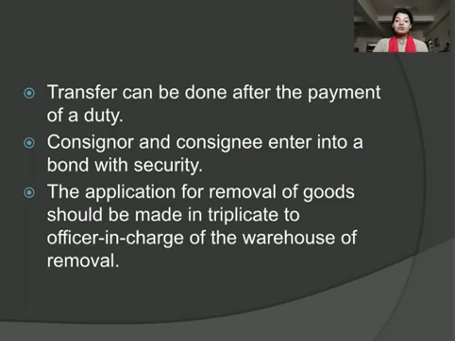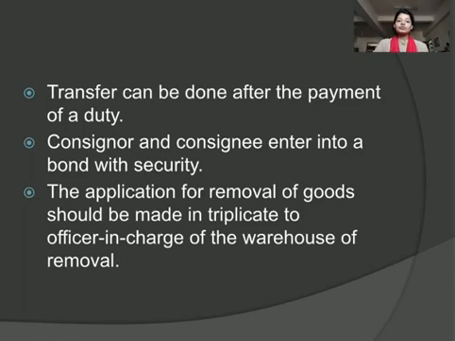Now after the export of alcoholic preparations, the next important topic is the interstate transport of alcoholic preparations. The transfer between states can be done only after payment of duty. The consignor and the consignee enter into a bond by paying a certain amount of security money.